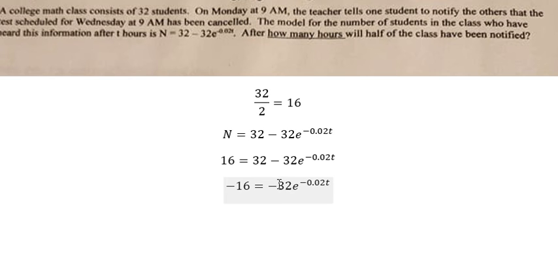Next, we divide both sides by negative 32. We have 1 over 2. Next, I will use the natural log on both sides.